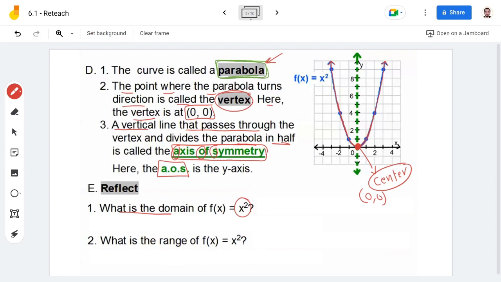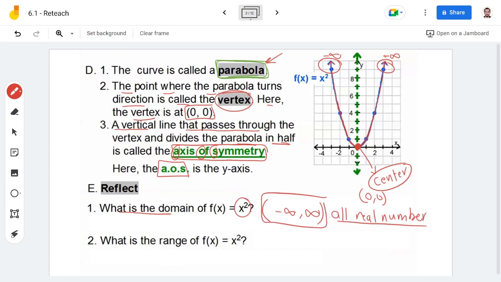It's from left to right, so from negative infinity to positive infinity. My domain is from negative infinity to positive infinity, or if you check your book, it will say all real numbers or all real values. If you write either, both are the same.